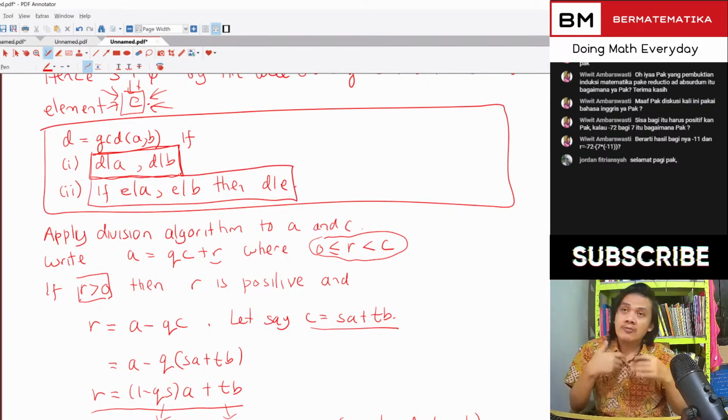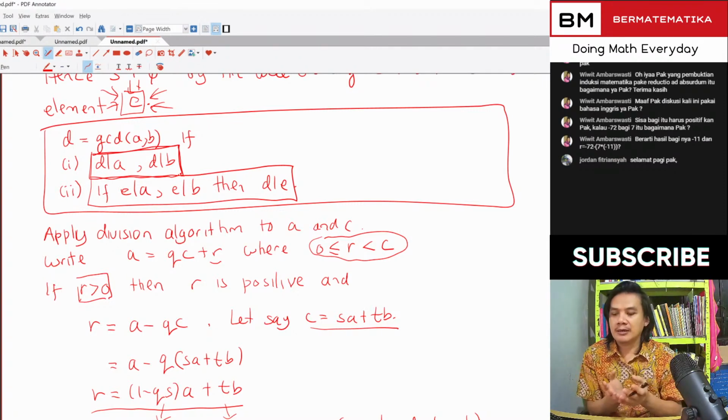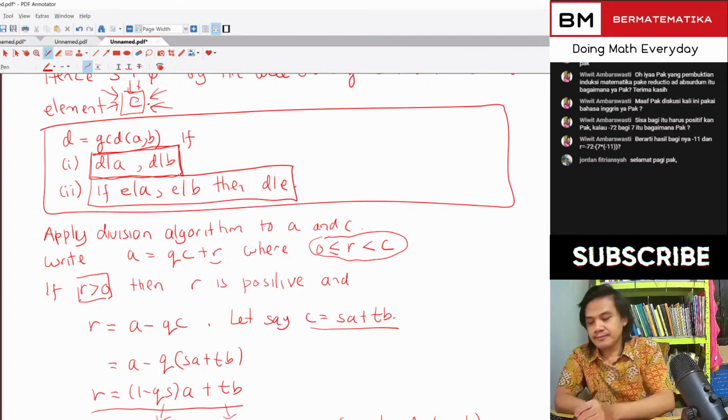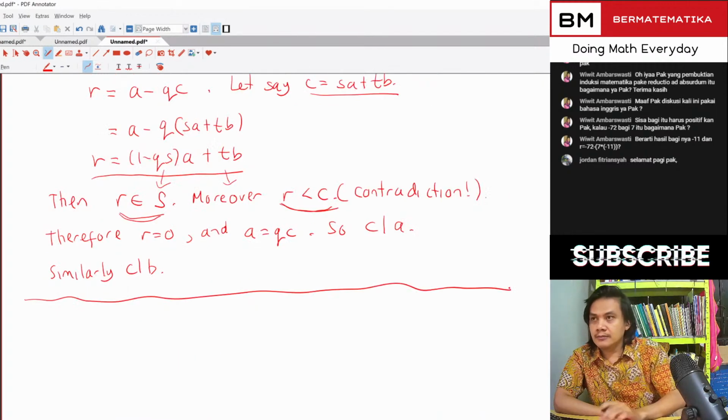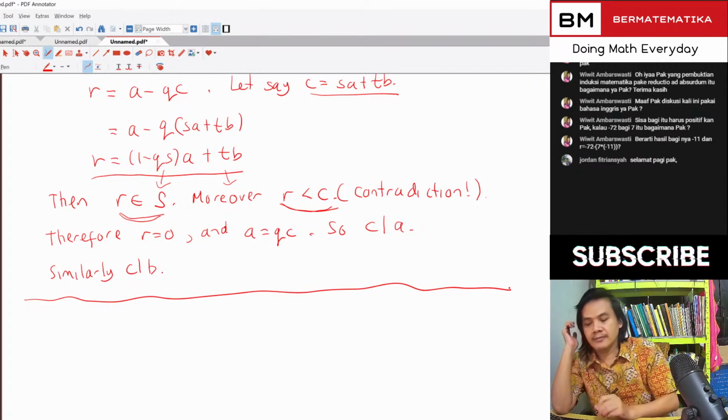We need to first assume that there is another number which is a common divisor of A and B, and we need to show that this new number still divides our C. Suppose E divides A and E divides B. Oh, this one is easy.